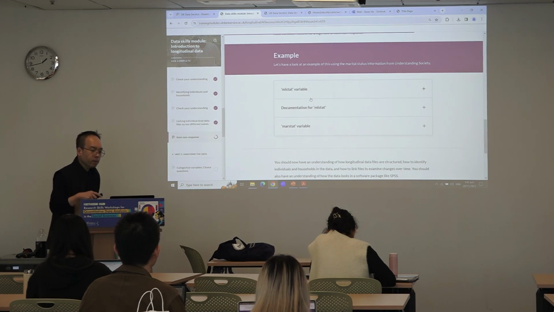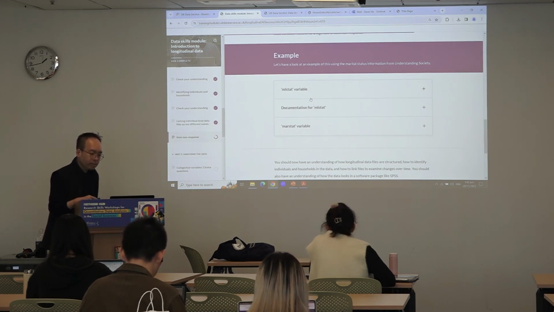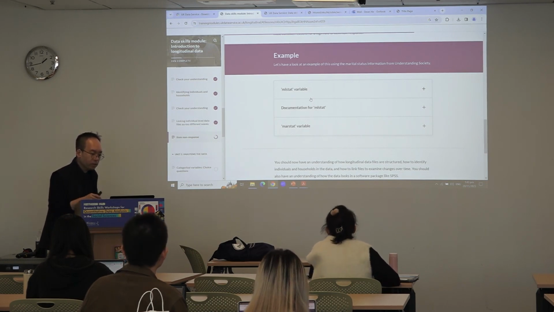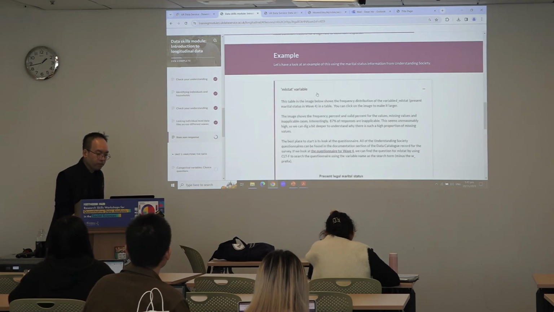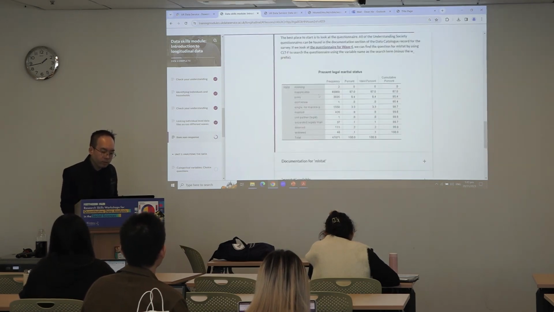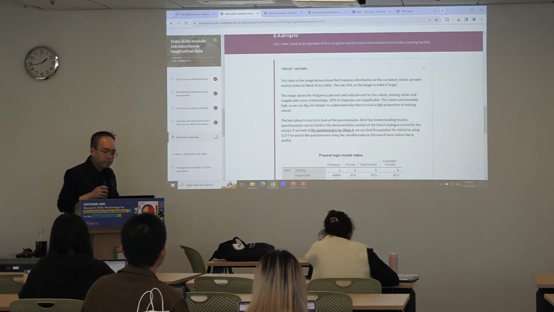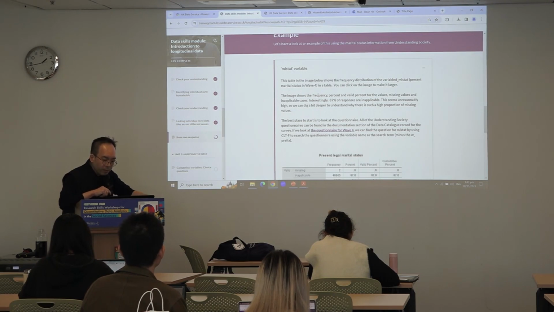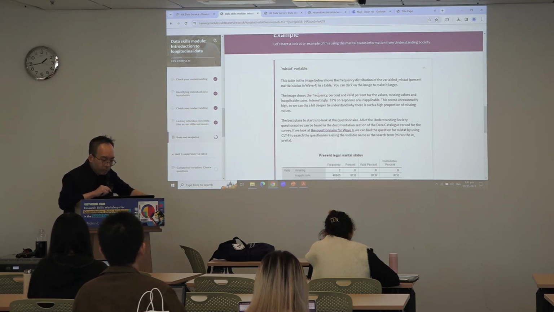This example is using the marital status information from Understanding Society. So this variable itself, just to give you an example, let's take a look at it. This table in the image shows the frequency distribution of the variable present marital status in wave 4.